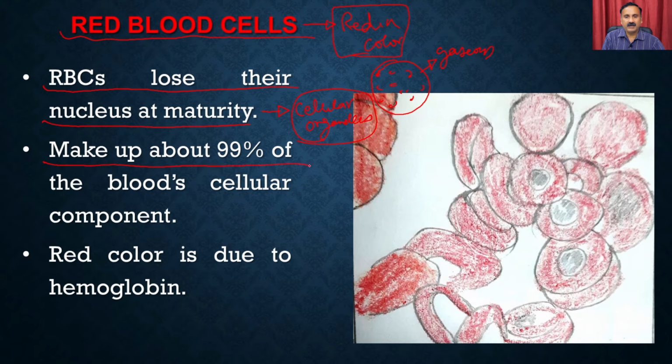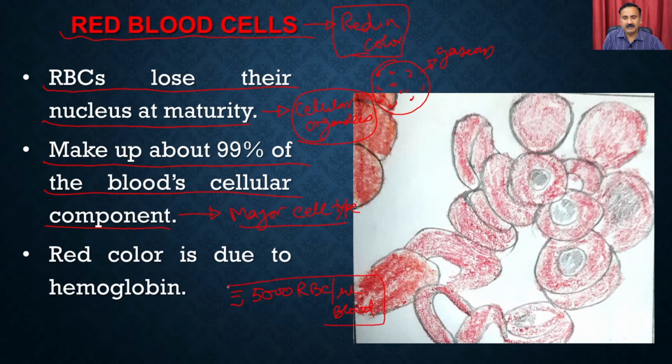They make up 99% of the blood's cellular component. So this is the major cell present in the blood. Approximately we have 5,000 RBCs per microliter of blood.